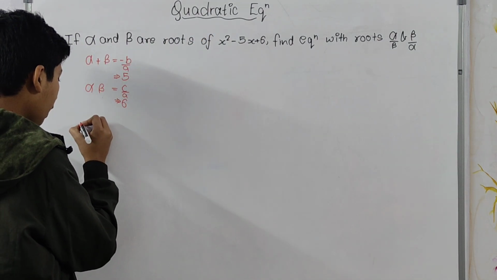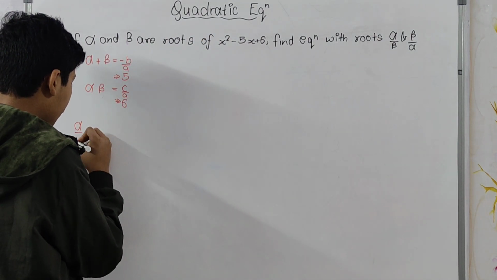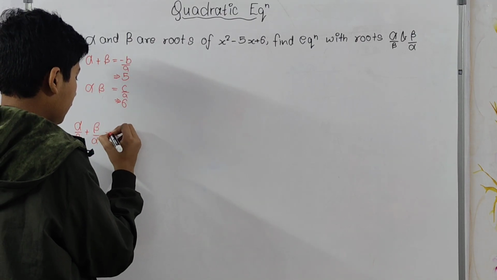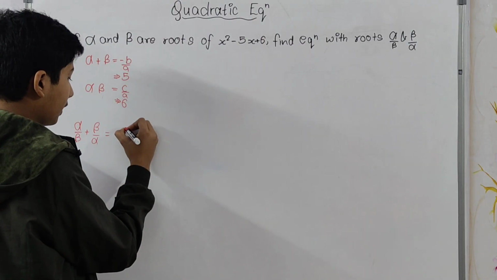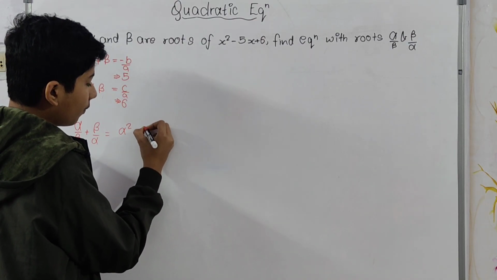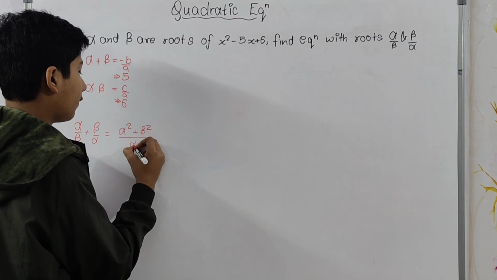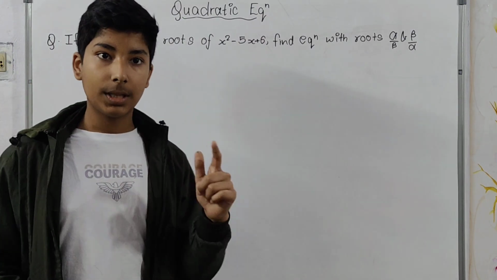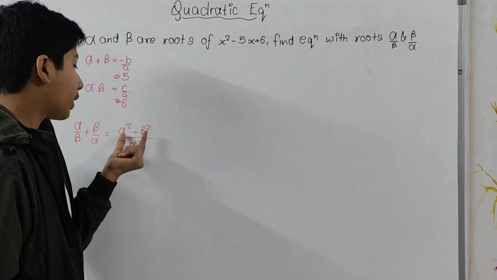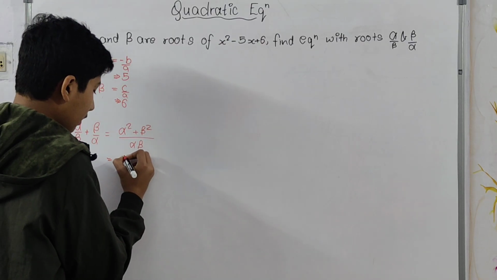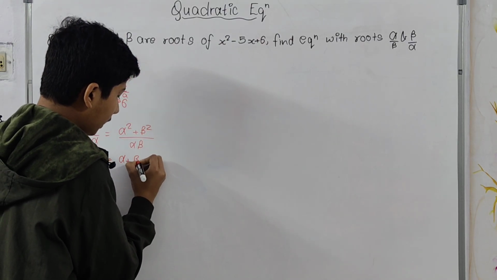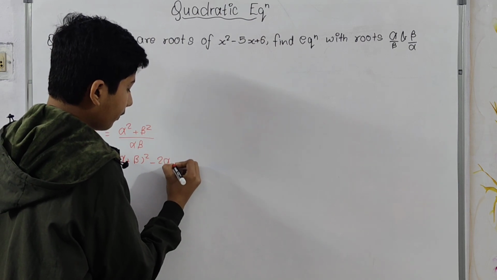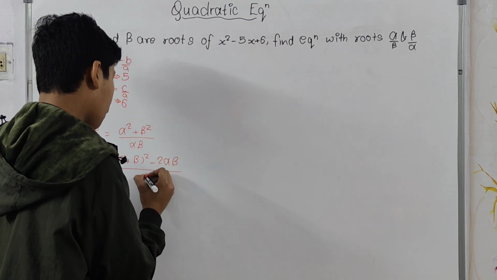So now alpha upon beta plus beta upon alpha. When we take LCM, it is alpha square plus beta square upon alpha beta. Now we have learned in the previous chapter that alpha square plus beta square is written as (alpha plus beta) whole square minus 2 alpha beta, upon alpha beta.